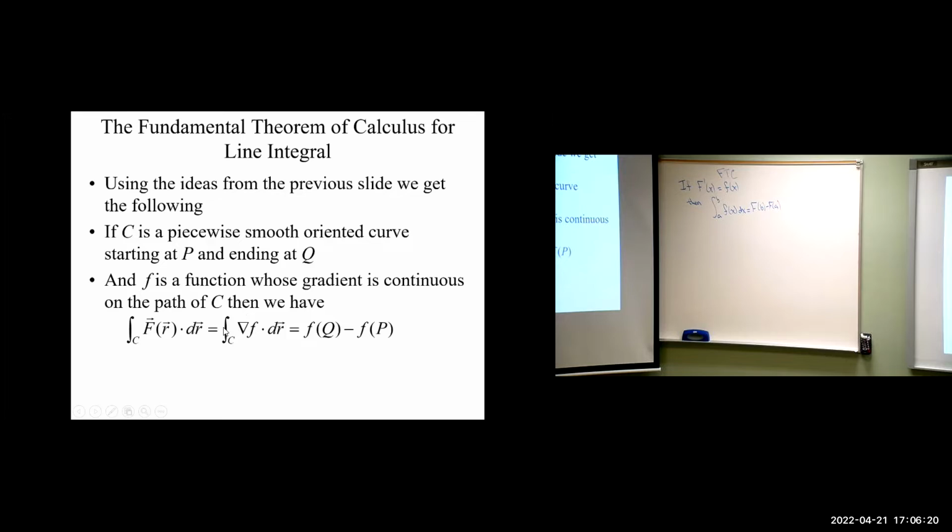The integral tells us to take the antiderivative, which gets us back to the potential function. And so all we need to do is do the potential function at Q minus the potential function at P. We don't have to go through the parameterization steps. We don't have to go through the dot product. All right. But again, this only works if our vector field is a gradient field. All right, so only in those specific cases.